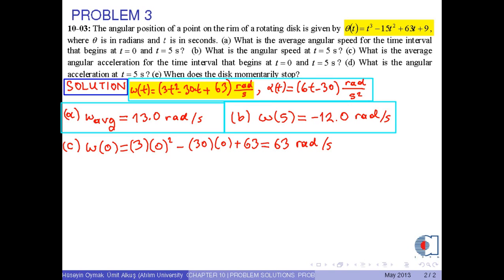Then we obtain 63 radians per second. And we have already found omega of 5 as minus 12 radians per second.